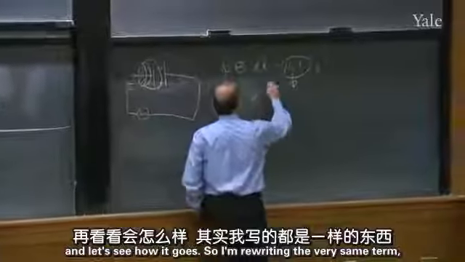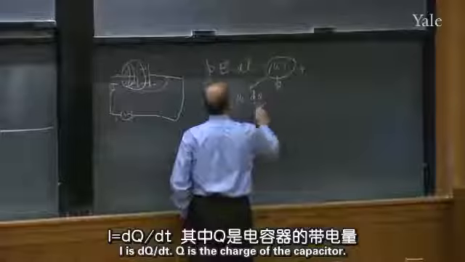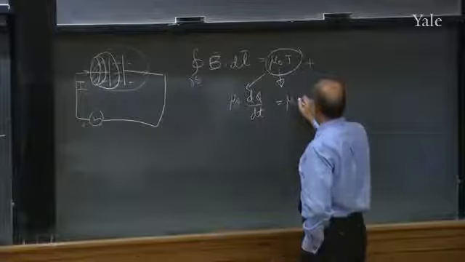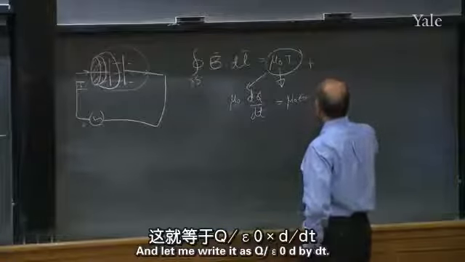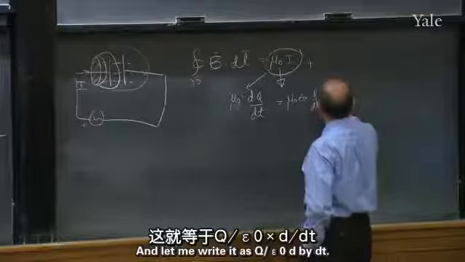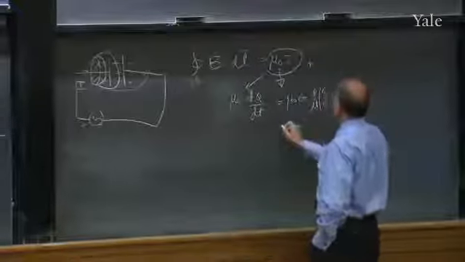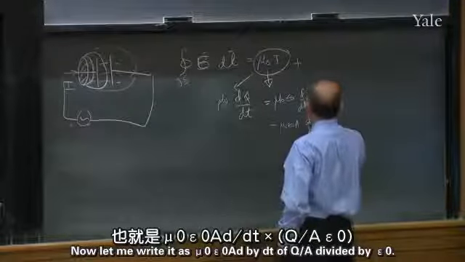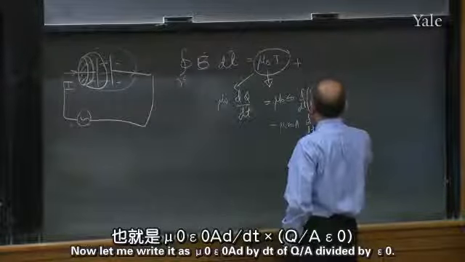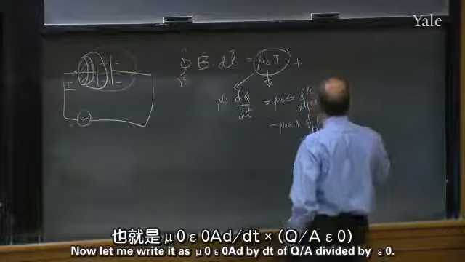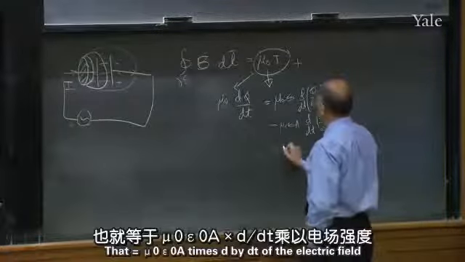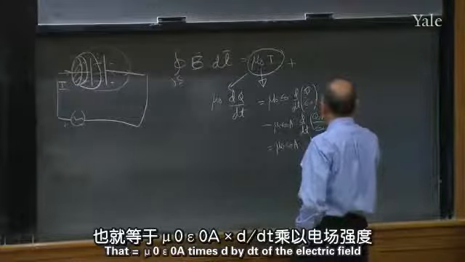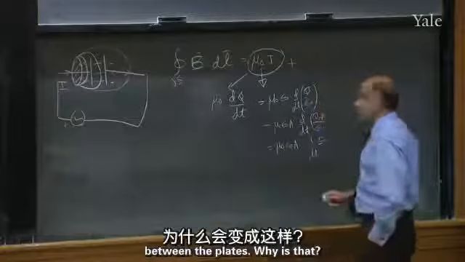So I'm rewriting the very same term. I is dq dt. Q is the charge in the capacitor. And let me write it as q over epsilon 0 d by dt, and let me write it as mu 0 epsilon 0 A d by dt of (q over A) divided by epsilon 0. That is equal to mu 0 epsilon 0 A times d by dt of the electric field between the plates.